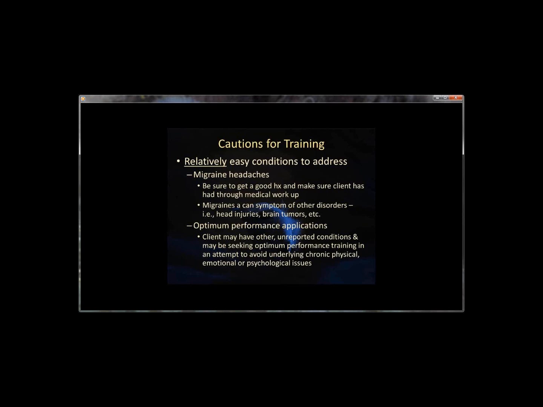Optimum performance applications can be a very good group of people to work with. They're already fairly high functioning, at least in their specific field. Now, the problem is often that, yes, they're great athletes, but they're terrible in terms of every other aspect of their life.